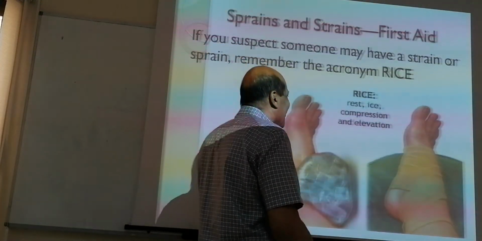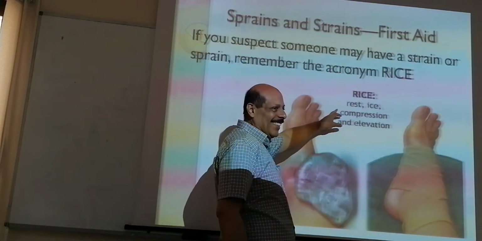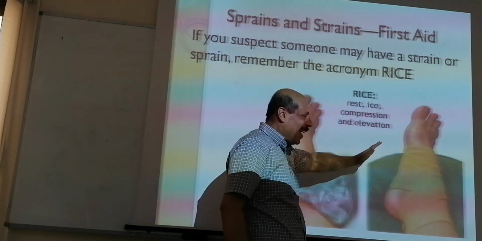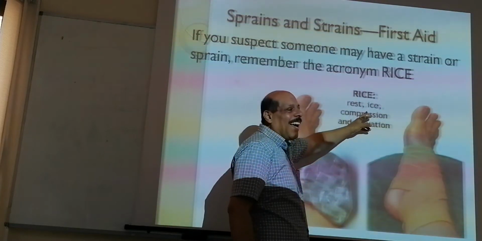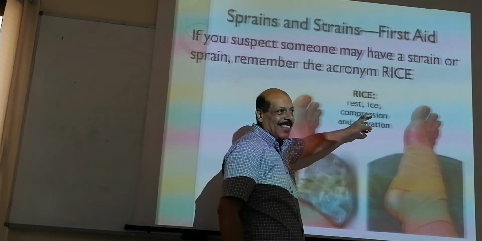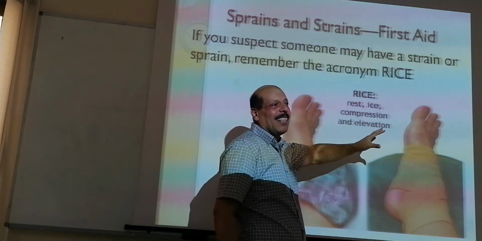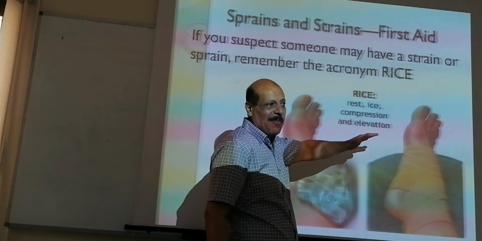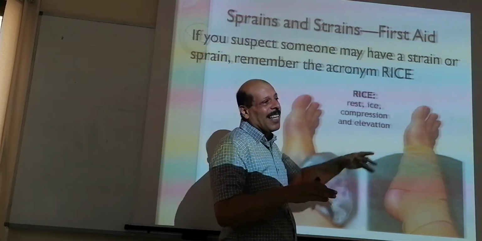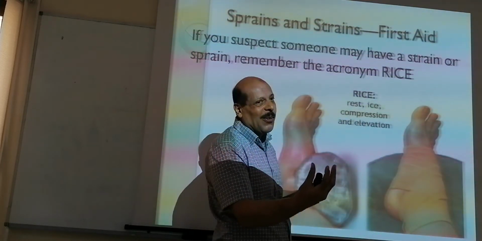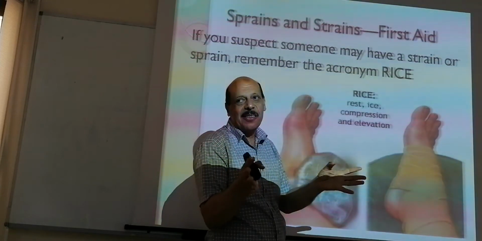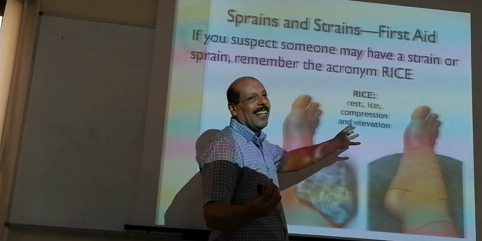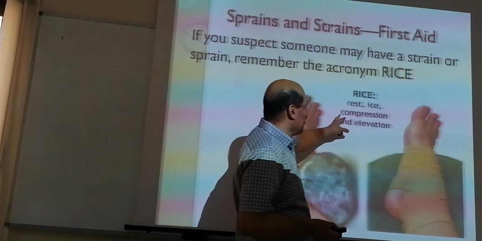It is R for rest. So the person has to be kept at rest, or the organ has to be kept at rest. Ice: the ice will decrease the sensitivity and the pain, and also decrease the blood supply to the area, so the infiltration of fluid will be less, and it will prevent the swelling.